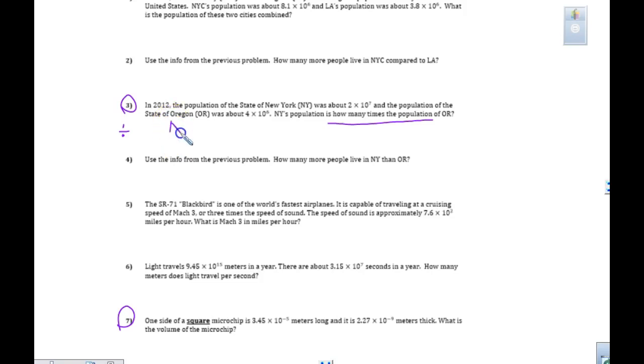New York's population, which was 2.8 times 10 to the 7, and this is the only answer in the back that was wrong. It is not 2.8, but 2 times 10 to the 7, and we are dividing it by 4, Oregon, times 10 to the 6, and 2 divided by 4 gives us 0.5.